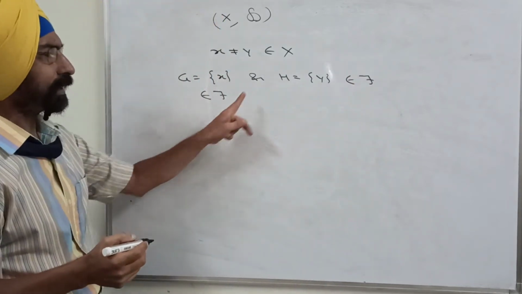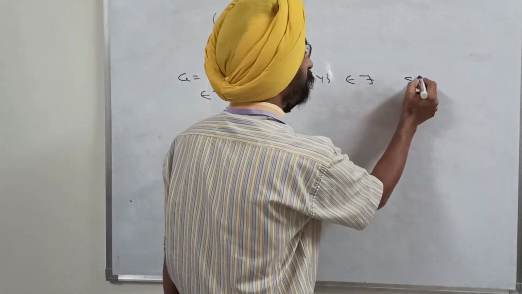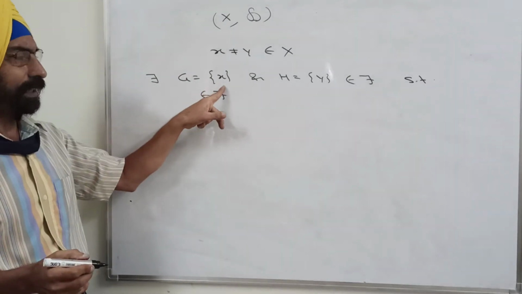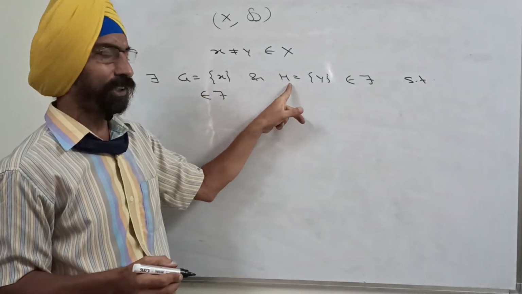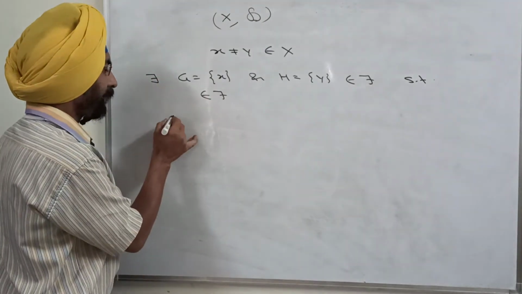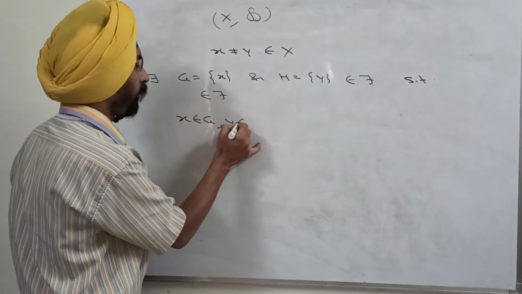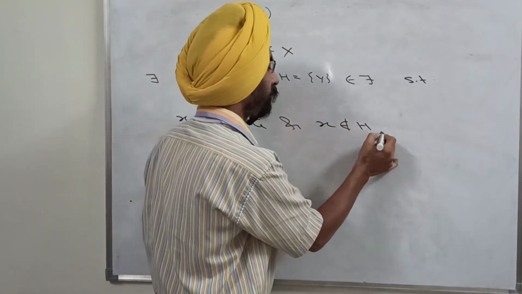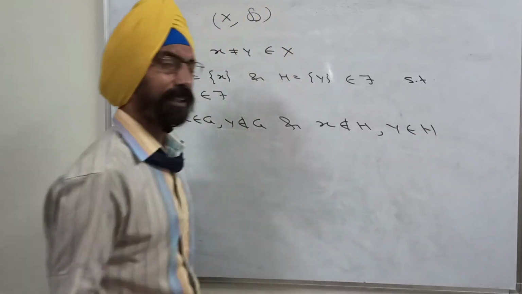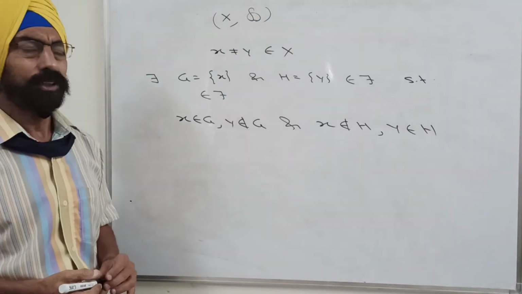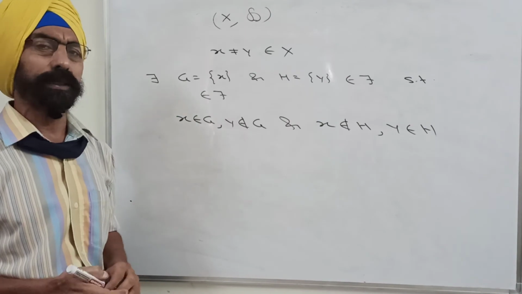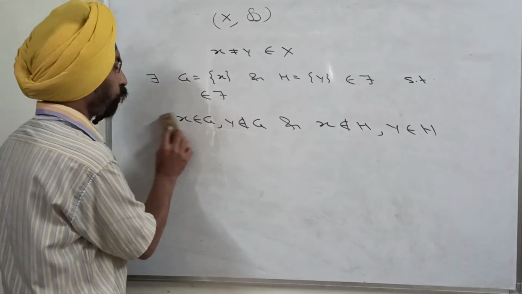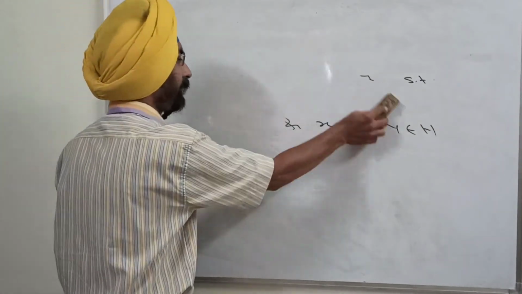That means G is open, H is also open, so there exist open sets G = {x} and H = {y} such that x belongs to G, y does not belong to G, and x does not belong to H, y belongs to H. And that is very much obvious. This makes the discrete topological space a T1 space, or Frechet space. So this is the very first example regarding T1 spaces.